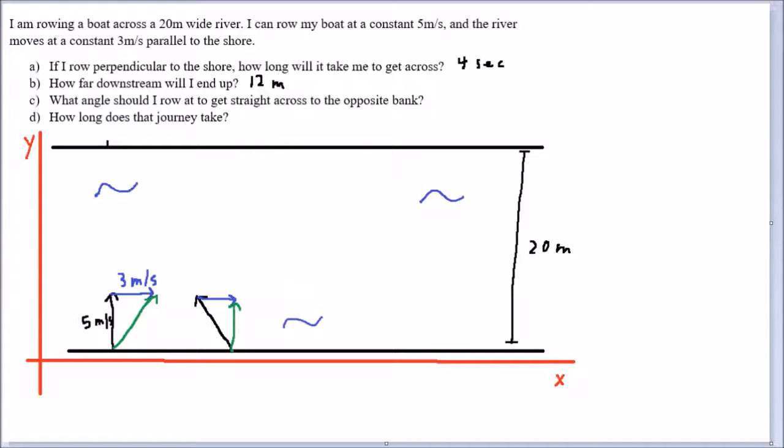So what is this angle exactly? Let's see. We can make this triangle here, and since the water is moving in the x direction and our net velocity at the end should be in the y direction, this here is a right angle. We also know the magnitude of this black vector, our velocity, is 5 meters per second, while the velocity of the water is 3 meters per second.